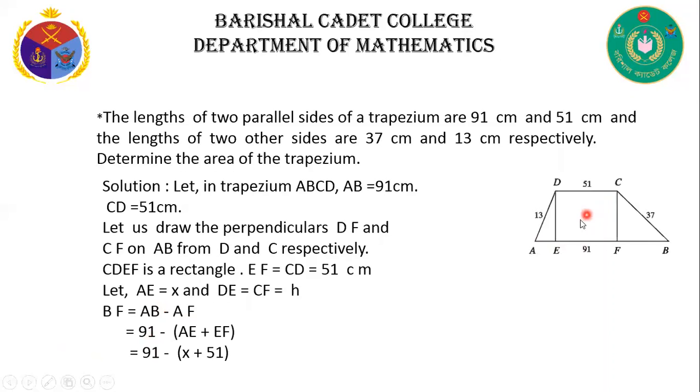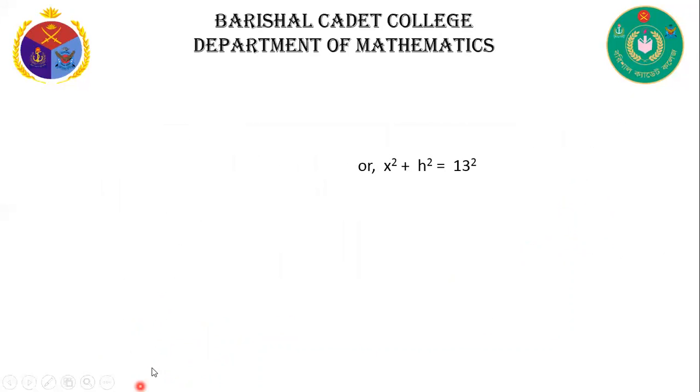Here we know AE is equal to x and EF is equal to 51, because CD and EF are equal. Now 91 minus 51, that means 40 minus x. BF is equal to 40 minus x.